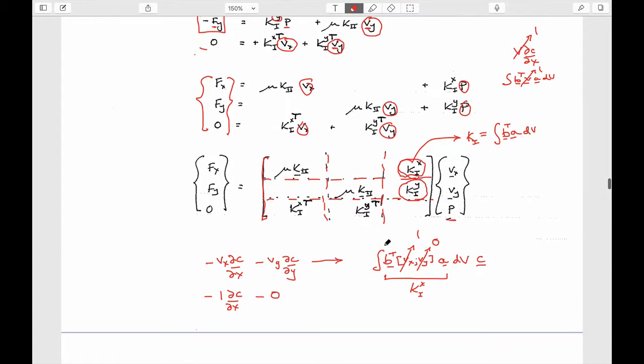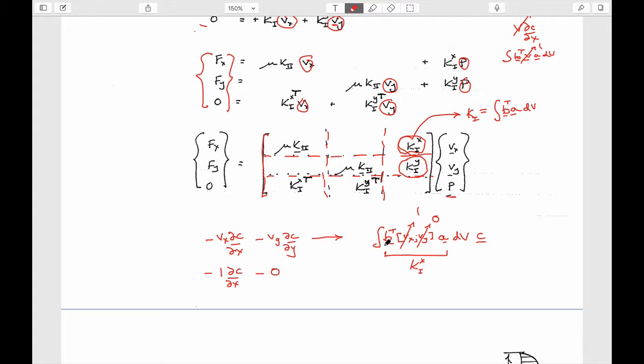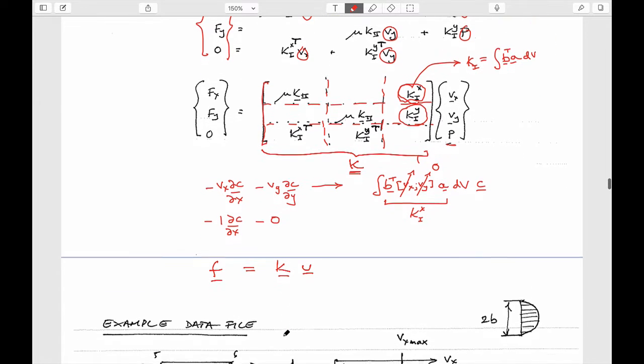So what we could do is try and put together a system of equations where this was the K matrix, our quote-unquote K matrix. If we write this out in longhand, it is F equals Ku. Not so different from what we've talked about before.